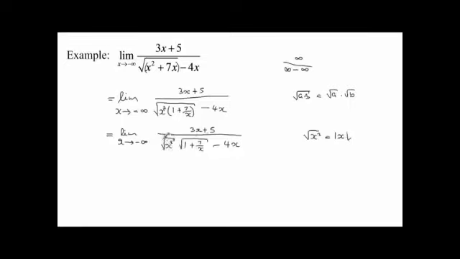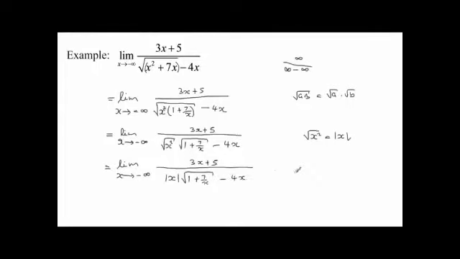And then what we can now write is this expression as limit as x is tending to minus infinity, the limit of 3x plus 5, and then we write this now as absolute value of x multiplied by the square root of 1 plus 7 over x minus 4x.